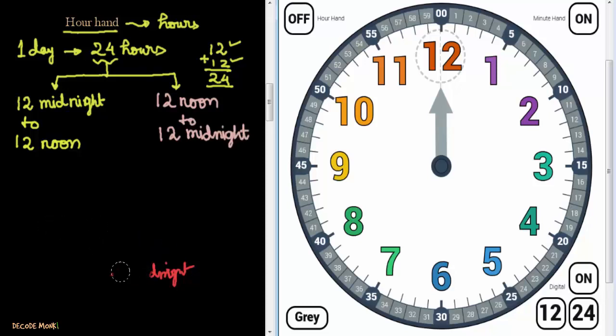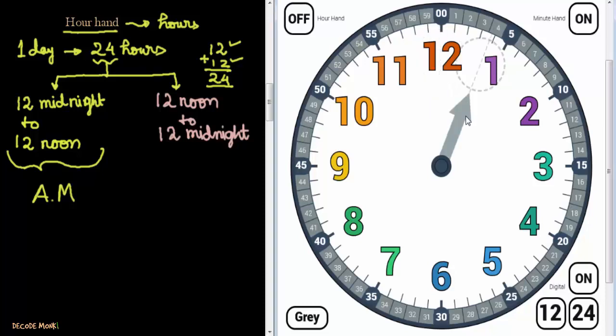Now this period, 12 midnight to 12 noon, is read as AM. Please listen to this. Even if you do not understand, I will come back and clarify the meaning of each and every term. AM, the time between 12 midnight and 12 noon, is specified as AM.